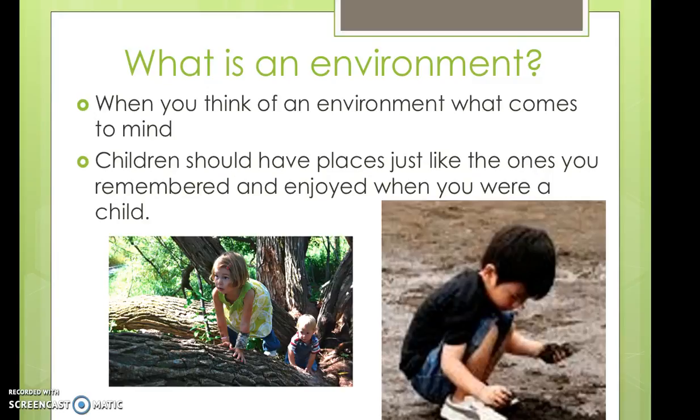So children should have places just like the ones that you remember or you enjoyed as a child. With a lot of the licensing regulations and Early Achievers and all those other entities that you can think of, we've developed this kind of plastic bubble effect, putting the child in a plastic bubble to keep them safe.